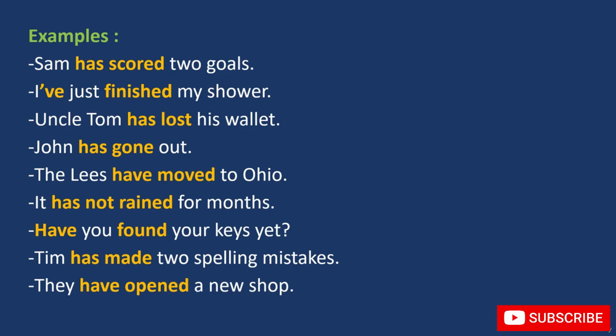Something has just happened. Again, we use the present perfect have or has plus past participle to explain that something happened in the past and till now it has an effect. There is no change till now. Or something has just happened. Something freshly happened.